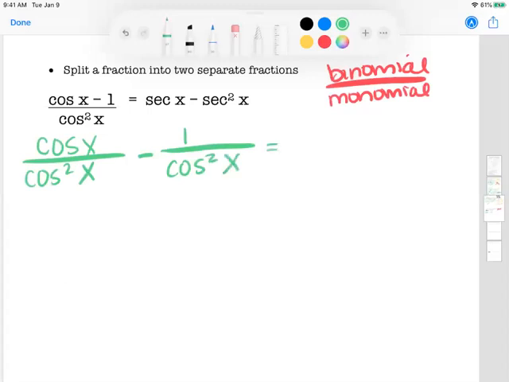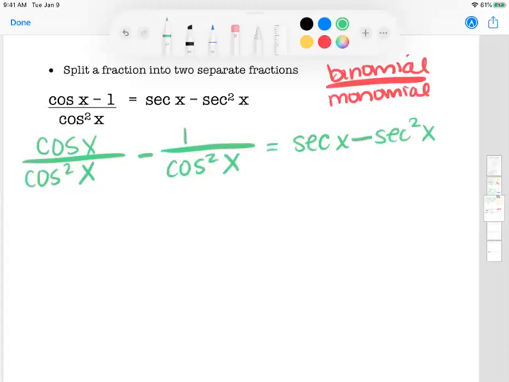All right, and this is all equal to secant x minus secant squared x. Okay, so for this specific problem, remember, I picked to begin working on the left-hand side. That looks more complex to me, but some people may choose to work on the right-hand side. But if you worked on the right-hand side, you wouldn't be using this strategy. So that's why I'm doing it the other way.